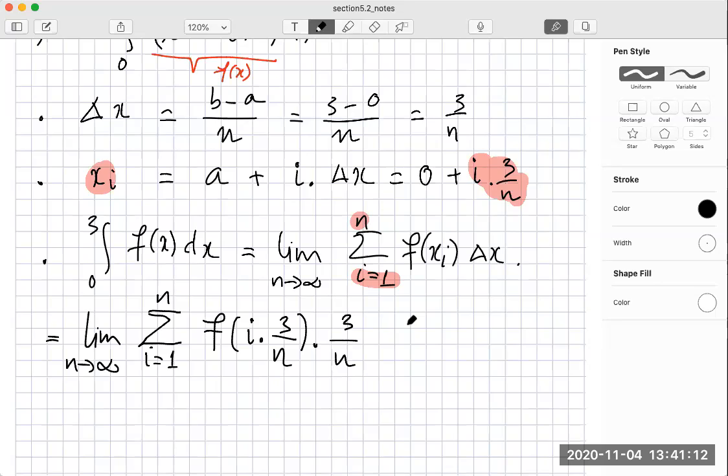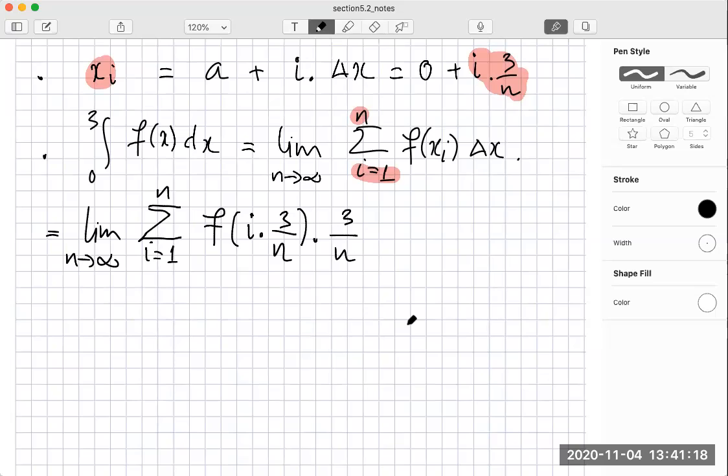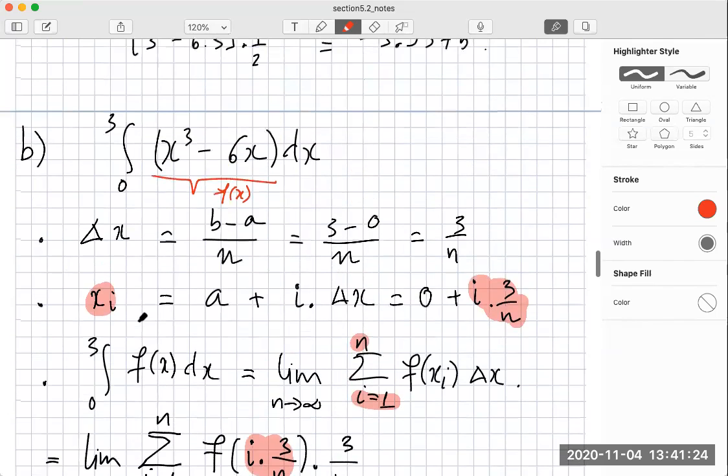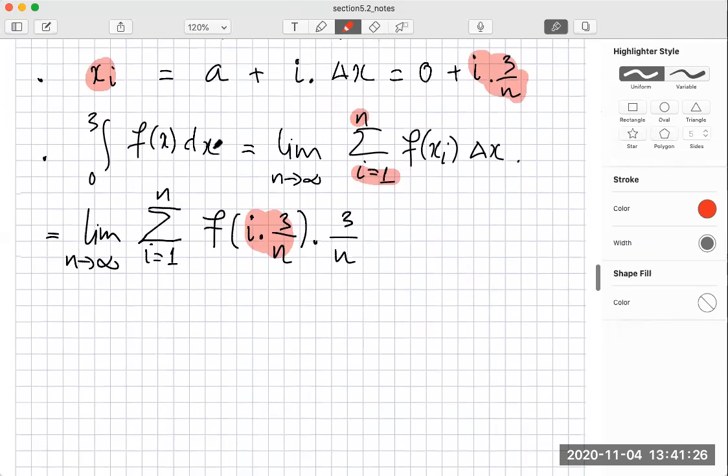Now we are given the function f already. So can you tell me what the value of f of this guy is? The function is x cubed minus 6x.